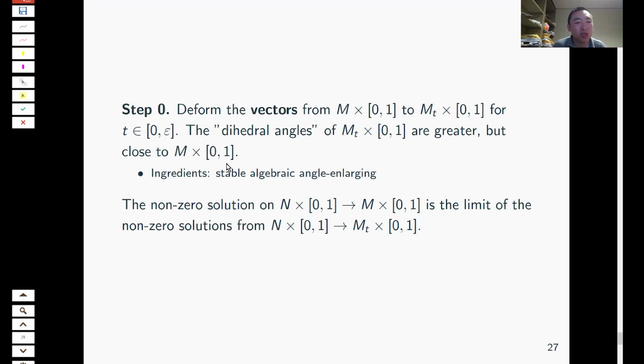We don't even know if the index is well defined. But when t is greater than 0, because now the inequality becomes strict, we can compute the index and get a non-zero solution. Now the limit will give us a non-zero solution for the original problem. And the existence of this M_t also follows from the angle enlarging proposition, because we assume all angles become large.